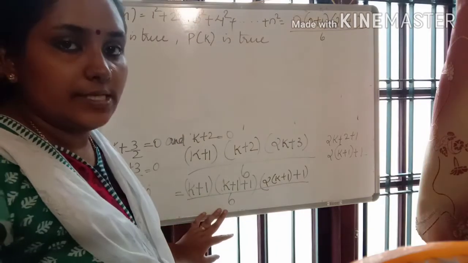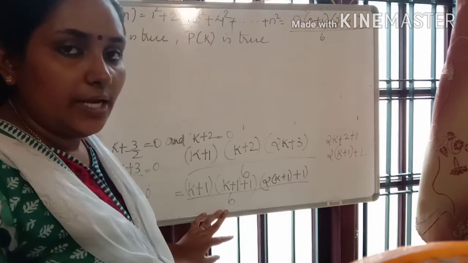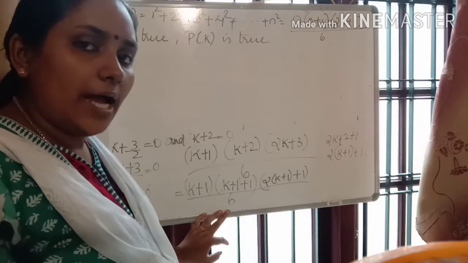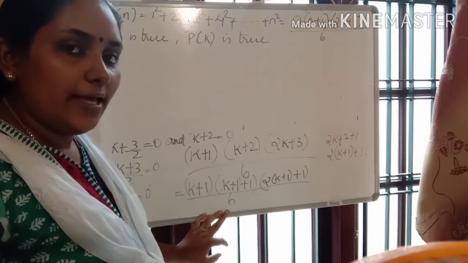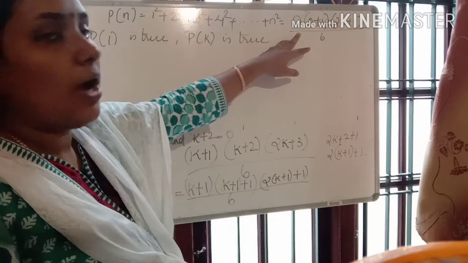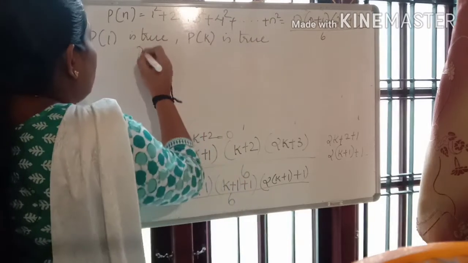This is the LHS of this equation. Is this equal to the RHS? Just apply K plus 1 on the RHS. Will we get the same answer or not?